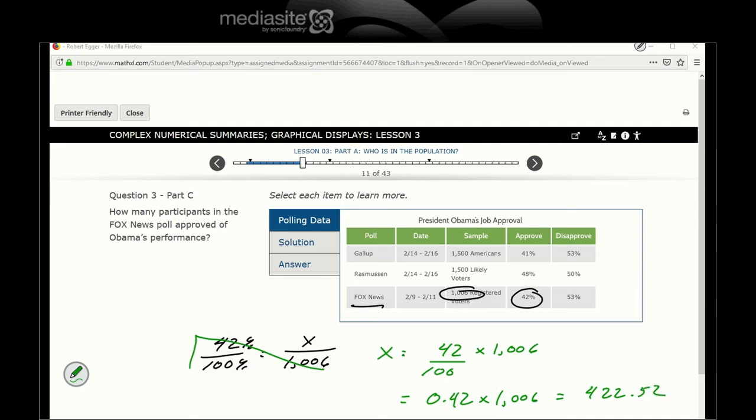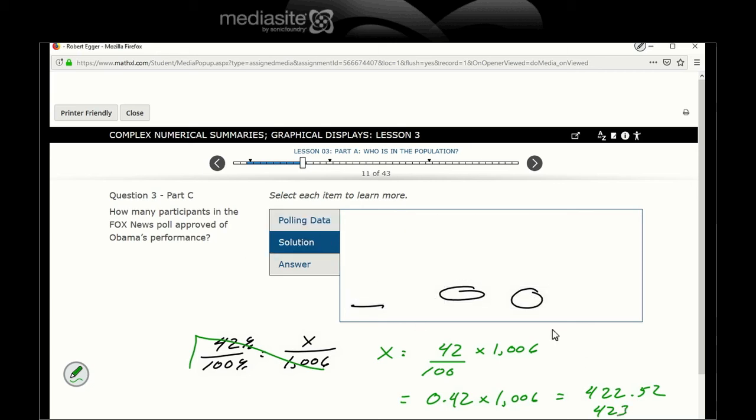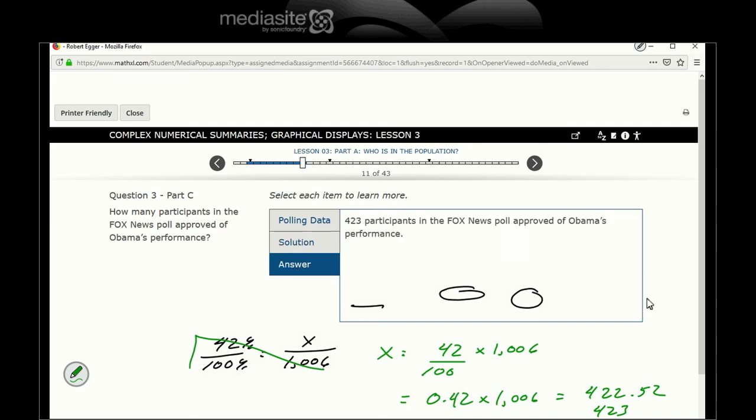And since we can't have half a person, round that to 423. So the answer would be 423 people approved of President Obama's job performance in the Fox News poll out of 1,006.